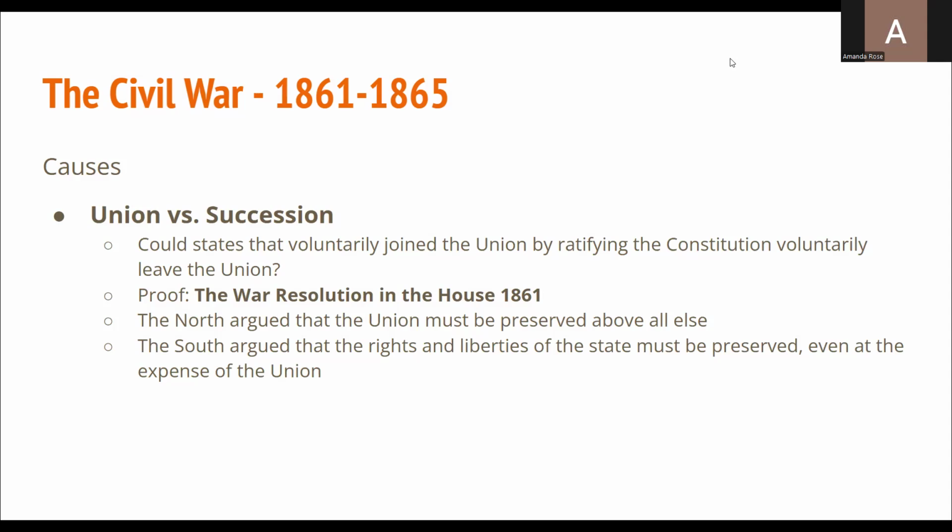The central issue that sparked the Civil War concerned the nature of the Union, like all the states being in a bond together. Could states that voluntarily join the Union by ratifying the Constitution voluntarily leave the Union? That was the major question.